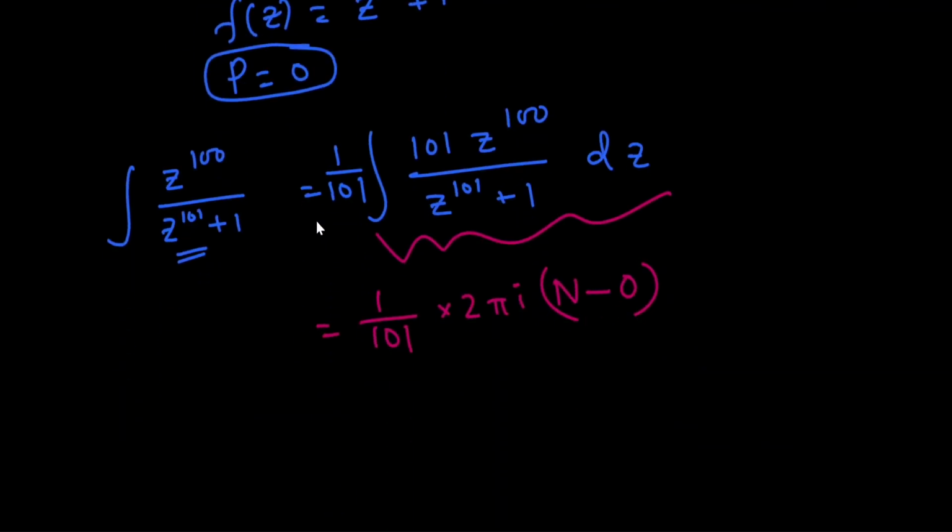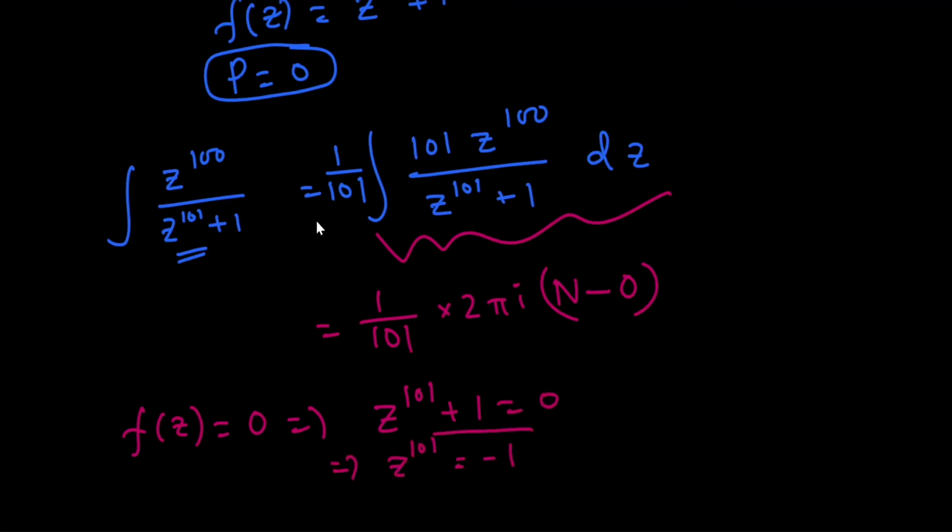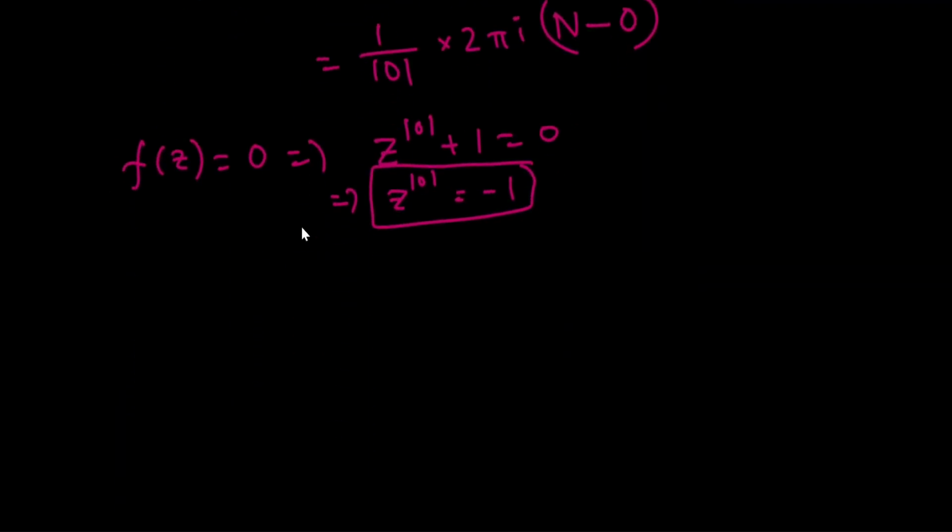Now we have to calculate the number of zeros of f(z) equal to 0. That means z^101 plus 1 equals 0, which implies z^101 equals minus 1. Here we apply the concept: if we calculate the number of solutions of z^n equal to alpha, this means the function has n zeros.